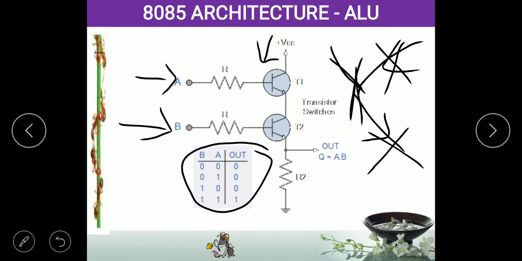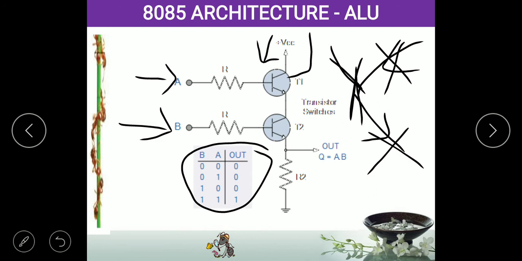Initially, if A is 0 and B is 0, that is, no voltage is given on A and no voltage on B, VCC gives 5 volts. The 5 volts comes here to the collector, but as there is no current in the base, the emitter will be 0. So again the second transistor's emitter also gives 0 voltage. So if you give 0 to A and 0 to B, you get only 0 as the output.